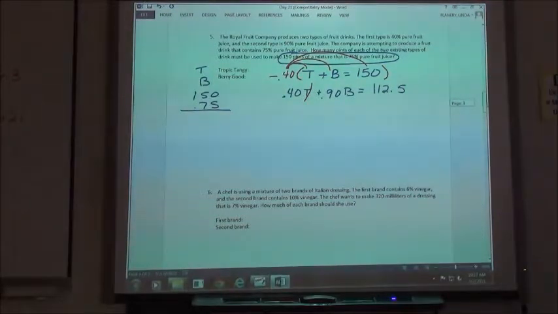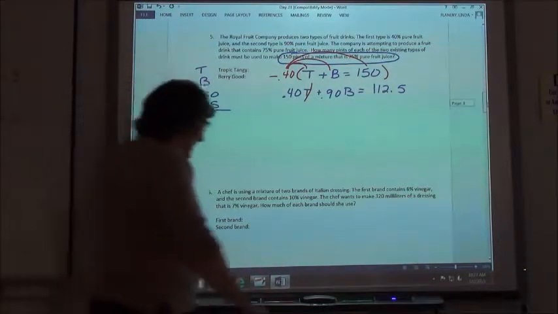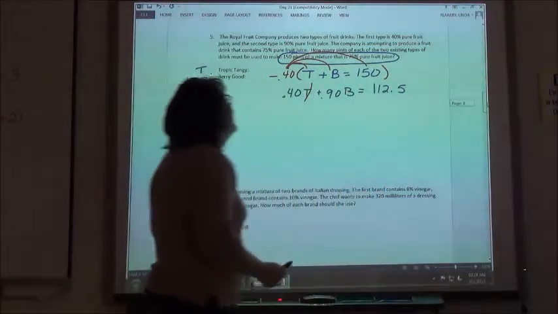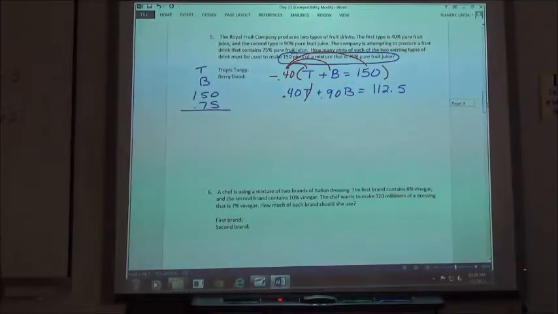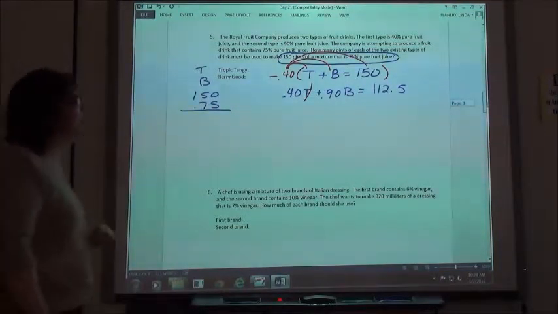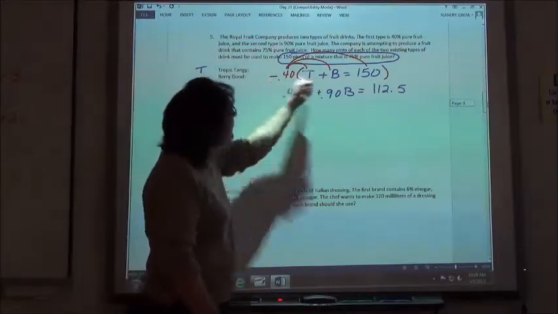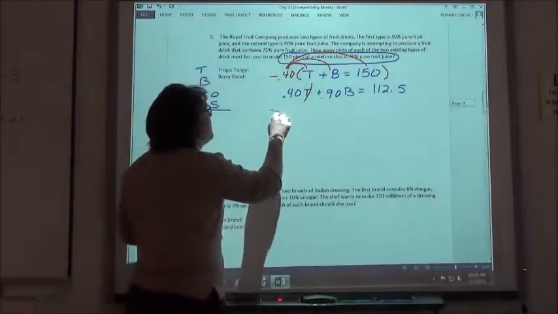It's always good to look at your answers to see if they make sense. Now we get to try that again. Gosh, it must be Monday today. So the bottom equation should have been 0.40 T plus 0.90 B equals 112.5. And then we can still multiply by our negative 0.40.